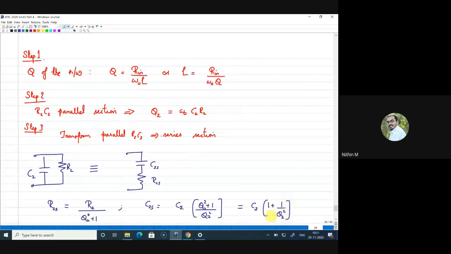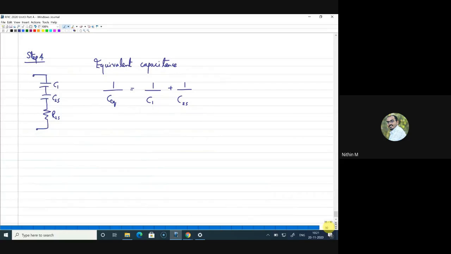Either way, both are right. Now I'll substitute that here. This can be written as 1 by C1 plus 1 by C2 into 1 plus 1 by Q2 square. Are you guys with me? The equivalent capacitance is this.